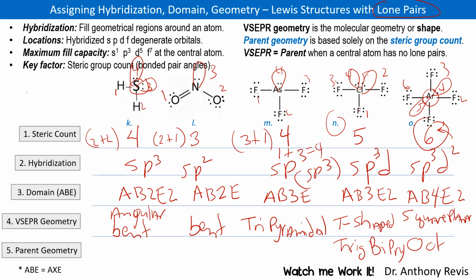And here, this one sits on a tetrahedral, and this bent one here sits on a trigonal planar, but this bent sits on a tetrahedral as its parent. Okay, and so that's how you do it. All right, that's how we assign hybridization, domain, geometry, and a few other features you want to know about VSEPR structures.